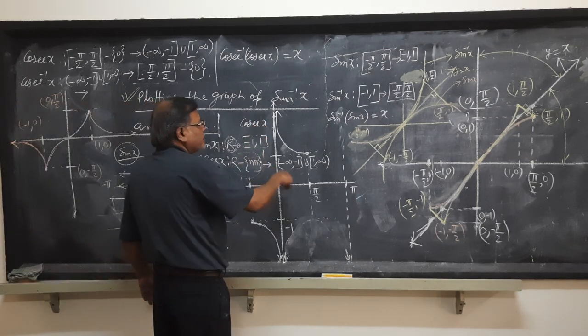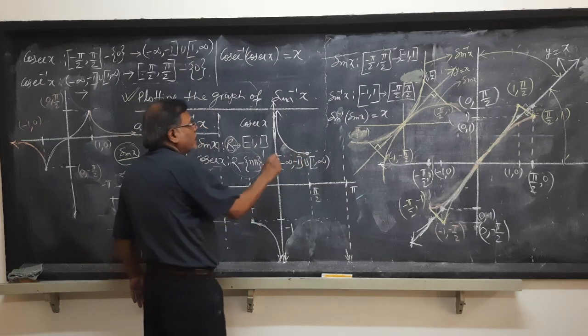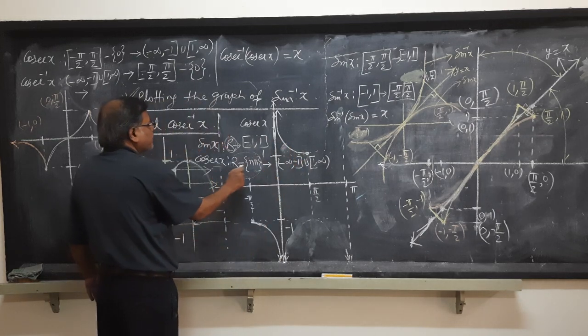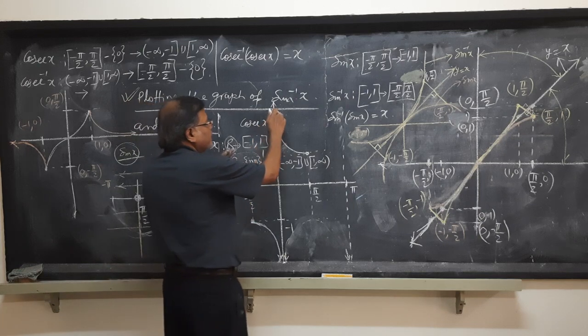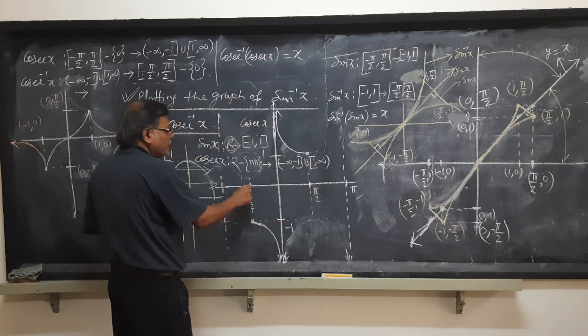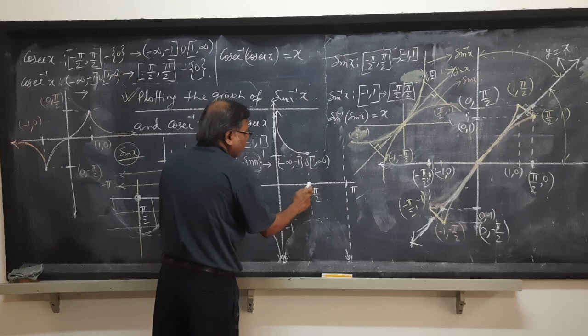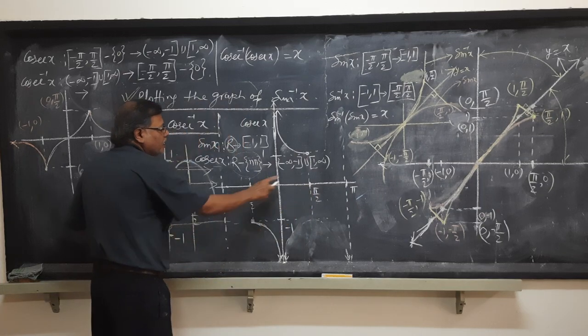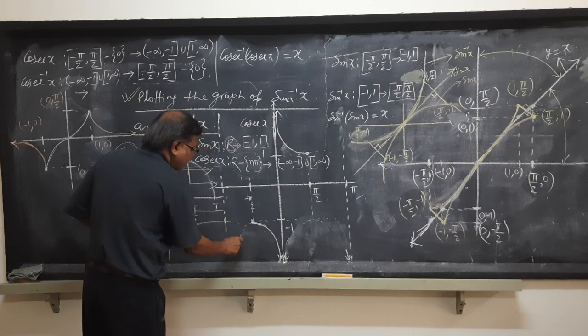Coming to this cosec x. Alright, over here again this cosec x function is restricted to -pi/2 to +pi/2. I am not going beyond this.